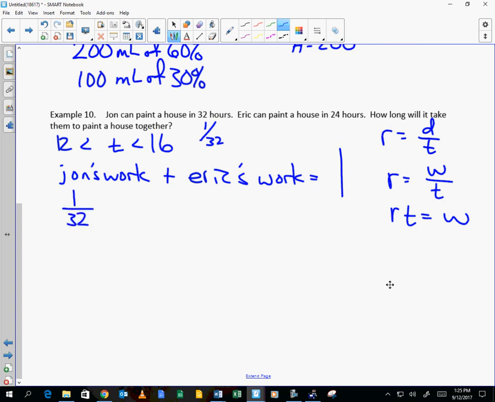Do we know how much time they spend painting together? No. So times time. That's what we're trying to solve for. That's the variable. Plus, Eric's rate would be 1 house every 24 hours. So 1 house every 24 hours times time. And that should equal a total of 1.